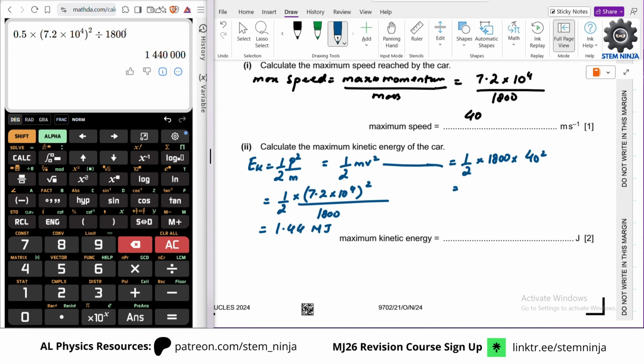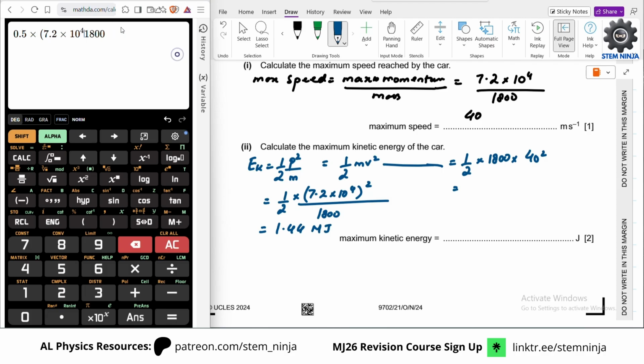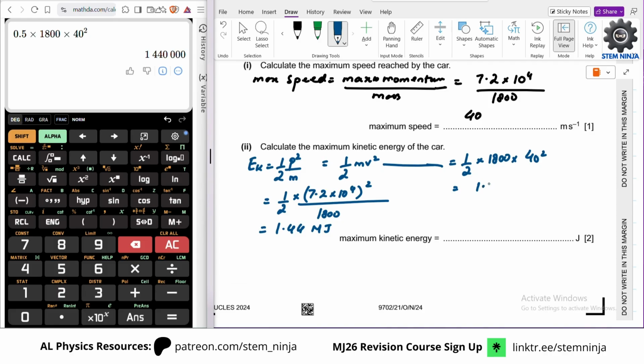Over here you have mass and velocity is 40 squared. So you see same value, 1.44 megajoules or 10 raised to the power 6. So 1.4 times 10 raised to the power 6 joules.